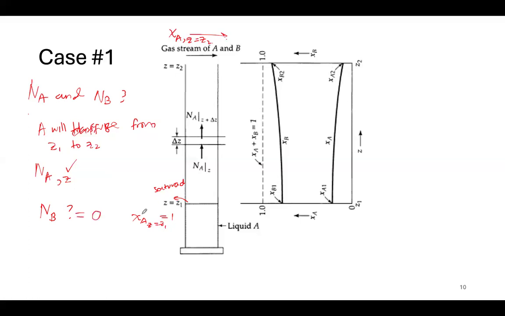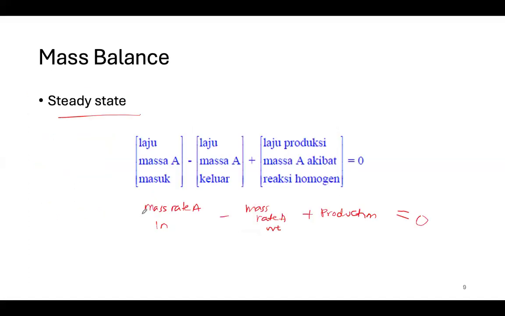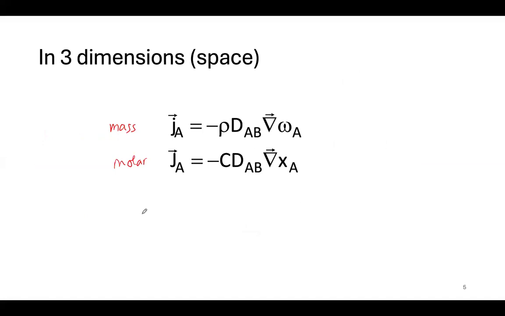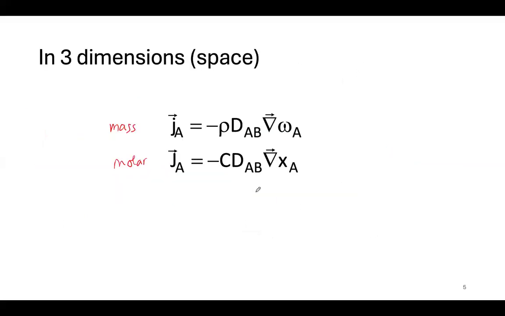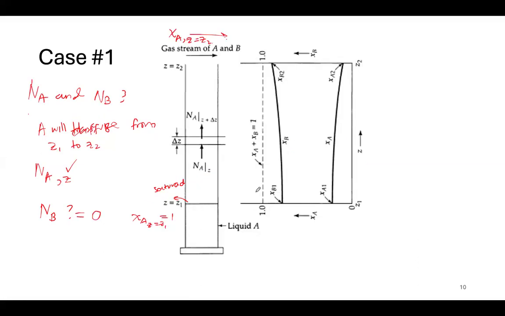So we go back to Fick's law. N_A equal to J_A plus X_A times (N_A plus N_B). Let me write it again: N_A equal to J_A plus X_A (N_A plus N_B).